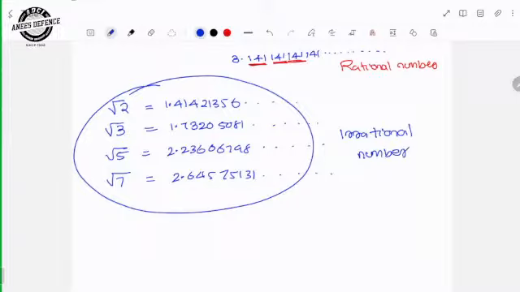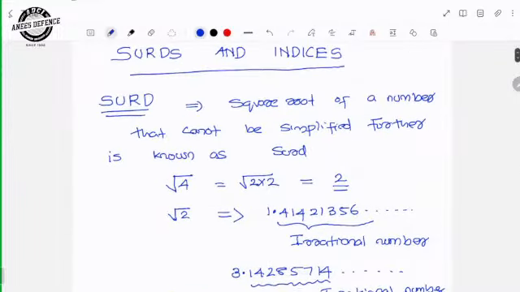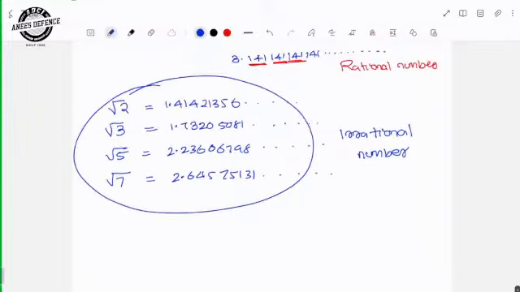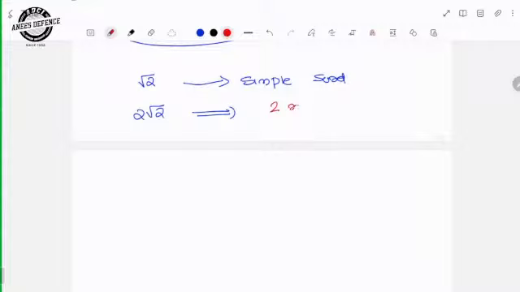So what is surd? Square root of a number that cannot be simplified further is known as a surd. So root 2 is a surd. We can also call it a simple surd. But 2 root 2: here 2 is a rational number and root 2 is irrational.